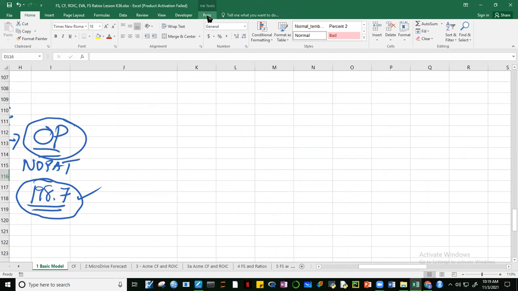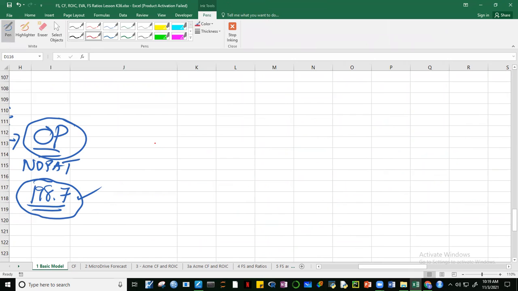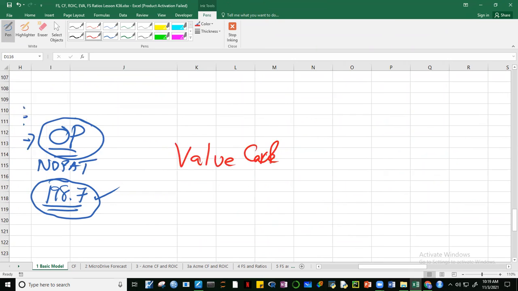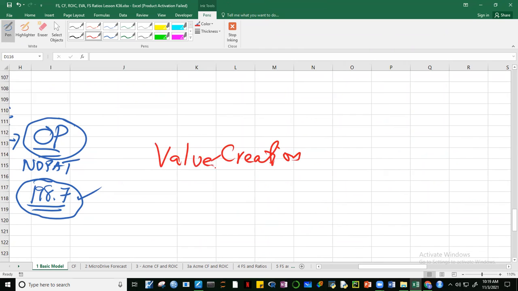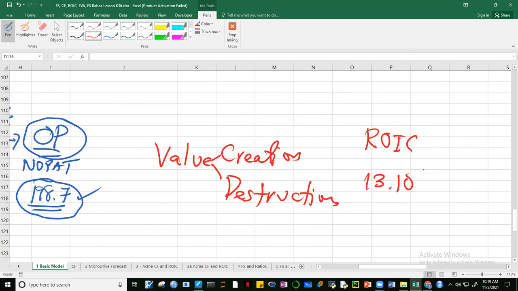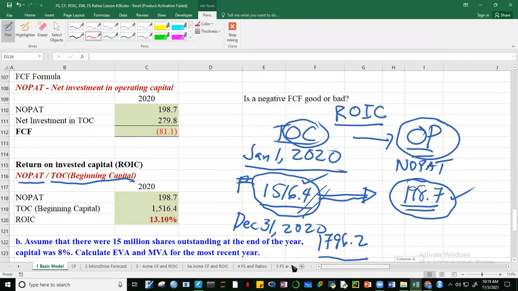Was there value creation, or was there value destruction, based on an ROIC of 13.10%? What's the answer to that, guys? Kasi 13.10, was value created or value destroyed?